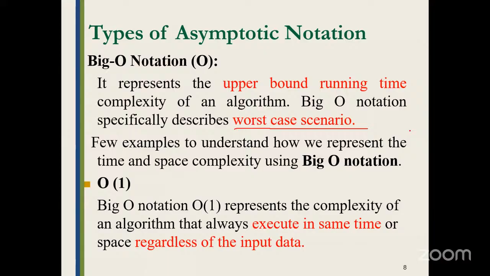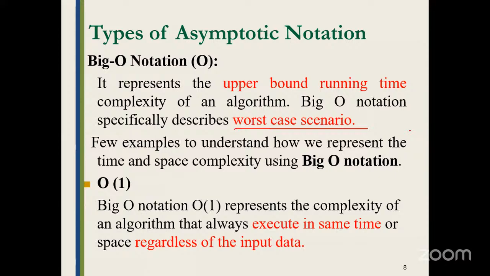Obviously 4 seconds is the worst case because the algorithm takes more time. That is the upper bound time. So big O notation is used to represent the upper bound running time, the worst case. In the worst case, the algorithm takes 4 seconds as per our example.